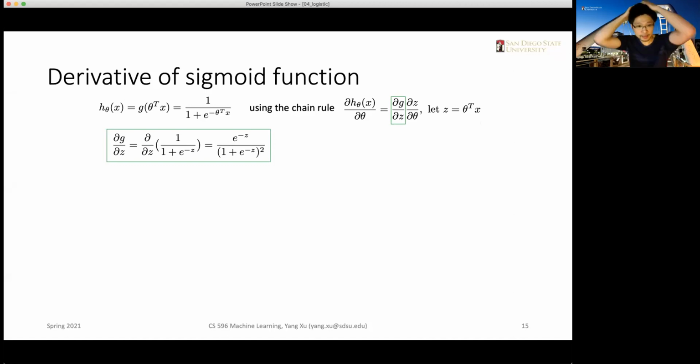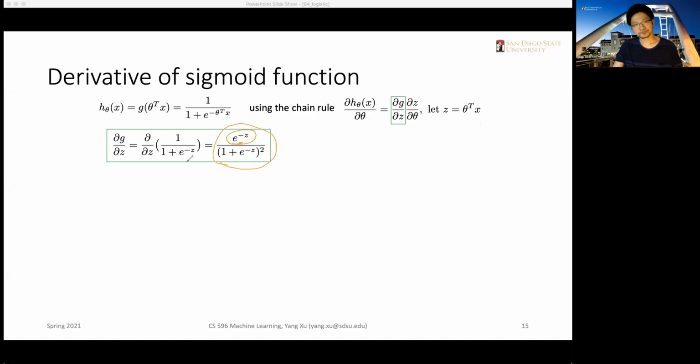So we know that the derivative of the sigmoid function can be computed in this way. Okay, it's a complex form, but it still can be computed. And we got to use some property about the derivatives with respect to the natural exponential function.